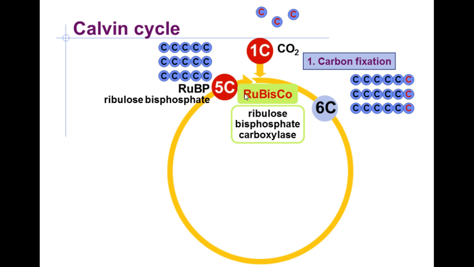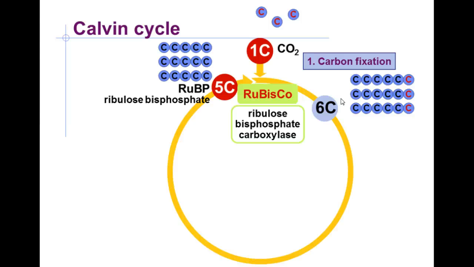They reduce the amount of activation energy required for this fixing process. So write that this enzyme rubisco facilitates this carbon fixation. So now, 5 carbons plus 1 carbon equals this temporary 6-carbon molecule.